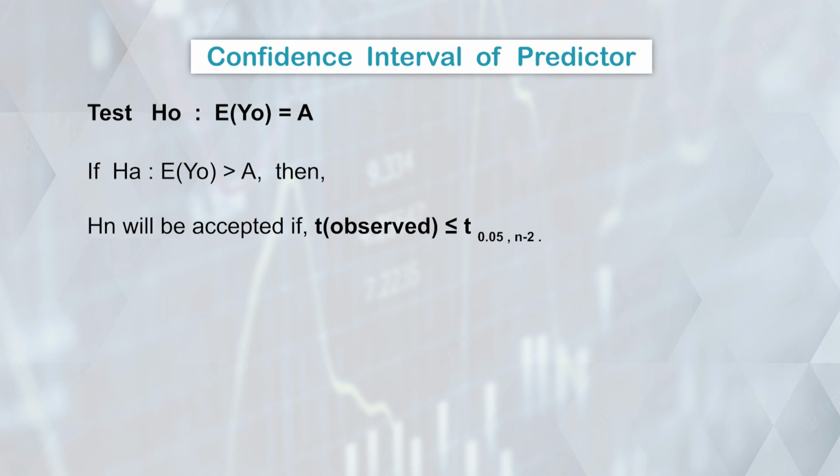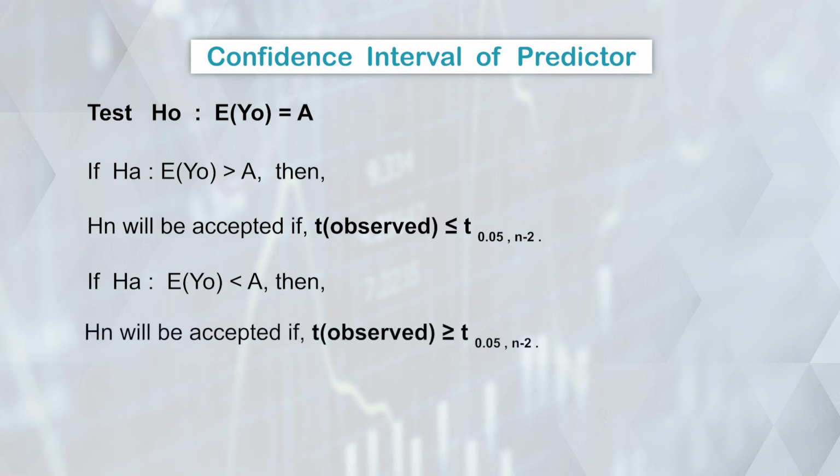Similarly, if we refer to the alternative hypothesis of expectation of Y0 less than A, less than A means we look at the less than or equal to sign. That means since the alternative hypothesis is of the less than type, rejection of the null occurs if the computed value of t is greater than or equal to t 0.05 comma n minus 2. So here the attention to be given is regarding the nature of the inequality that we are taking in the alternative hypothesis.